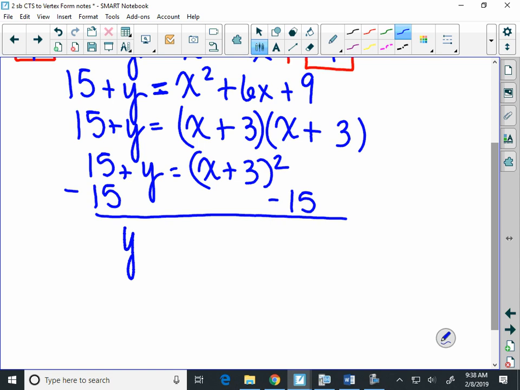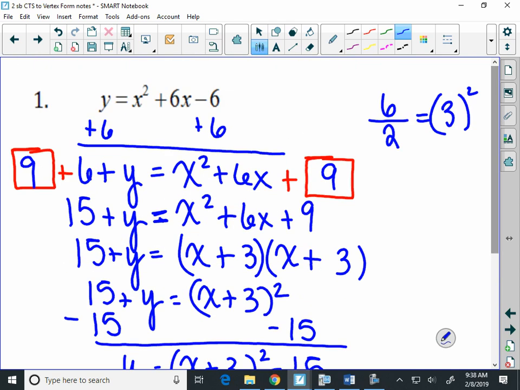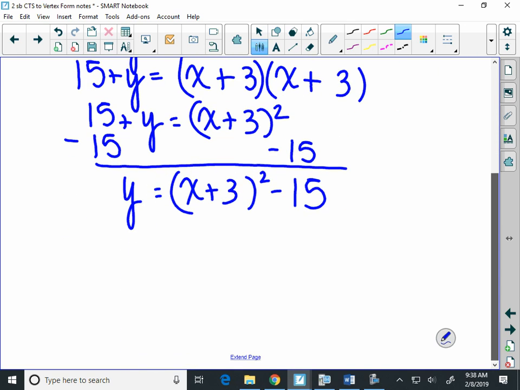And we get y equals x plus 3 squared minus 15. What we just did is we started with the equation given in standard form, and we finished our equation in vertex form. And that's what's going to be our process that we're going to work on for the remainder of our time today.